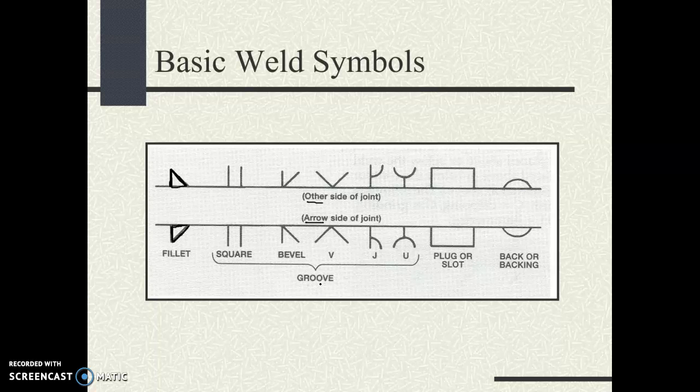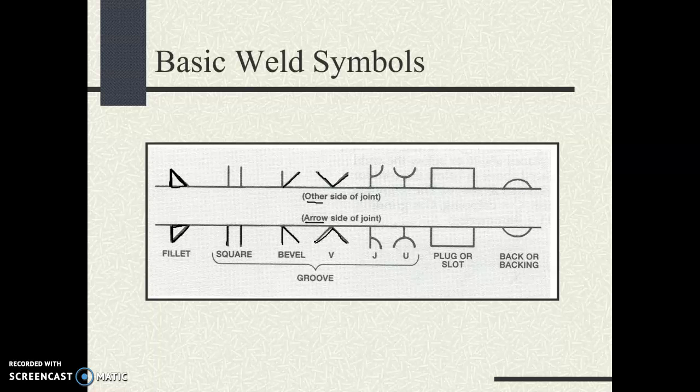We have all these different shapes of grooves, and so the symbols kind of copy what the grooves themselves look like. Square groove is just two parallel lines. A bevel groove is a vertical line and a diagonal line going to the right, either down and to the right or up and to the right. V groove, especially on the other side, you can see that V shape.